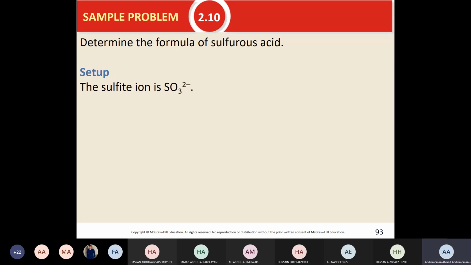Okay, so if we make the acid of this one, what's the name of this group? Sulfite. So if I make this acid, what's the name of this acid? Sulfurous acid.